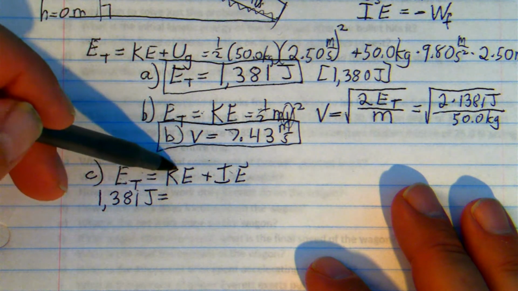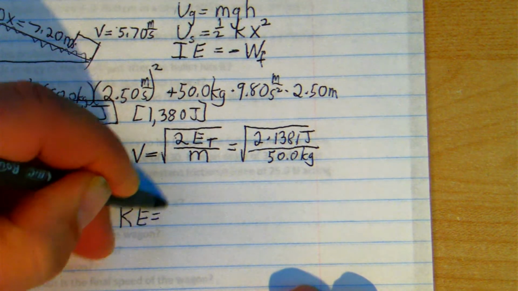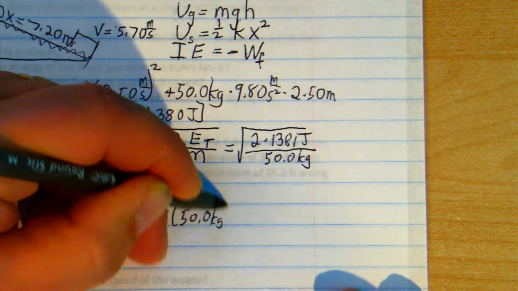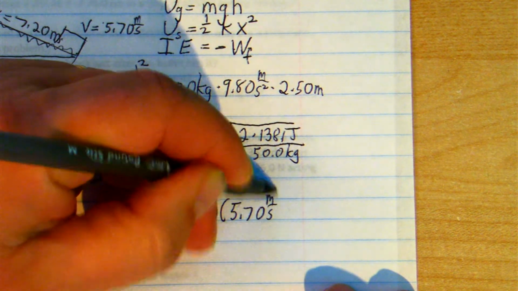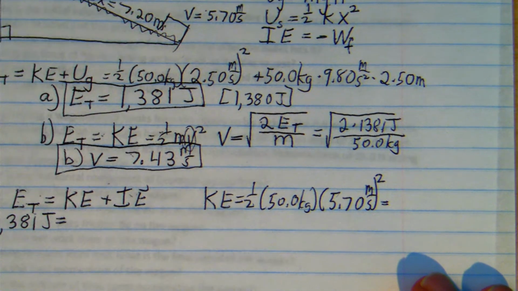What I can do is calculate how much kinetic energy I have if this 50 kilogram mass is only going at 5.70 meters per second instead of 7.43. Beep, beep, beep.